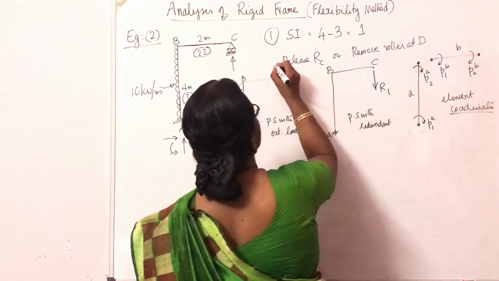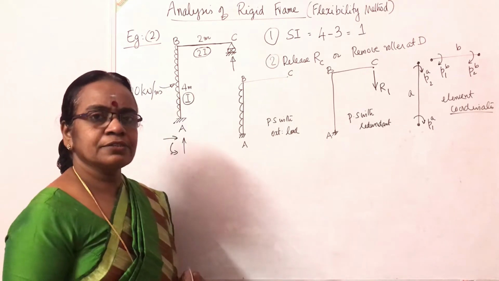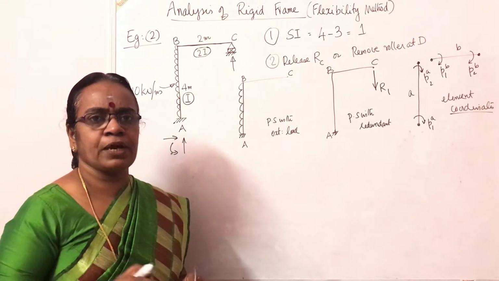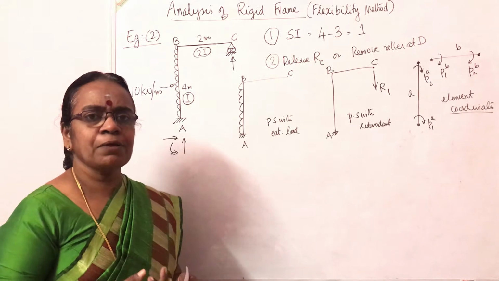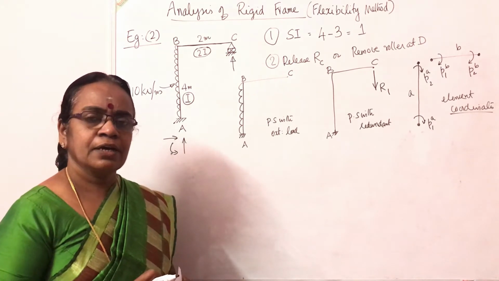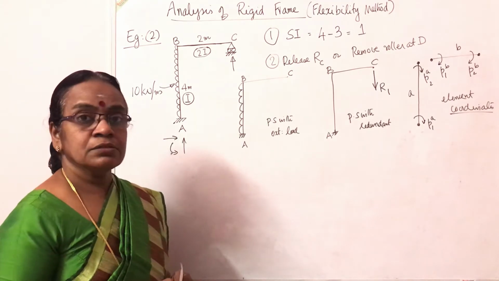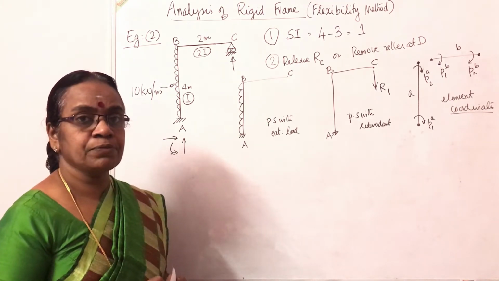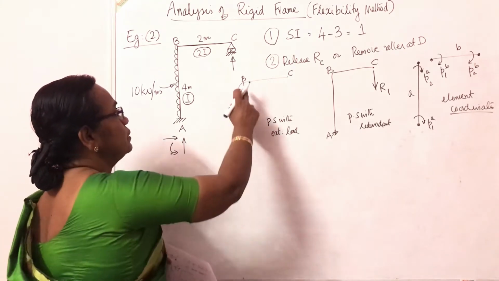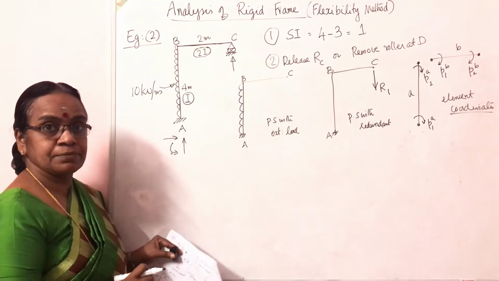All these come under step 2. So first step is you identify the redundant. In the second step, you release the redundant, obtain the primary structure. On the primary structure, you mark the external load as well as the redundants and define the element coordinate system. Now, before forming the transformation matrix in the next step, the element AB is having load on the span.